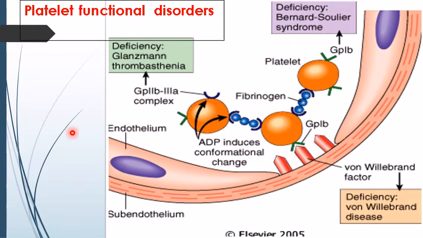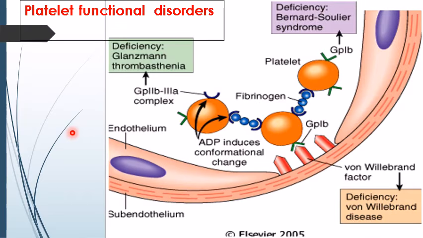Sometimes we have a normal platelet count, we have normal blood vessels, still we have abnormal primary hemostasis. This is what is called functional platelet disorders.